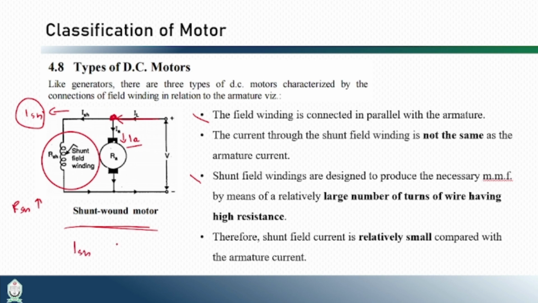One is shunt current and one is armature current. As the working principle of the motor demands armature current to be as high as possible and shunt current to be as low as possible, the shunt field is designed in such a way that it is high in resistance and capable enough to generate the magnetomotive force that is required to rotate our motor. So that was the shunt wound motor.